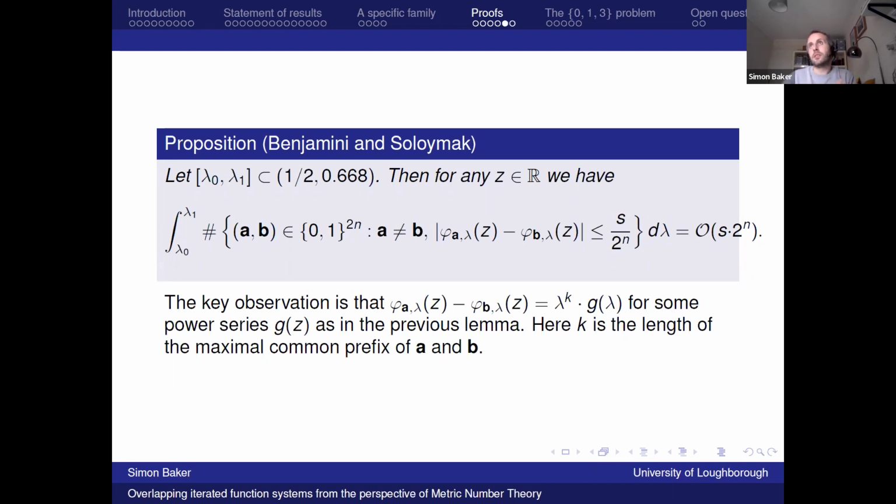So we have one of these functions multiplied by lambda to the k. The lambda to the k causes a little technical problem, but certainly nothing insurmountable. Then you can use this lemma of Solomiac to get some strong bounds for when you're going to have two words which are close to each other, and that allows you to get this big O of s times 2 to the n term.